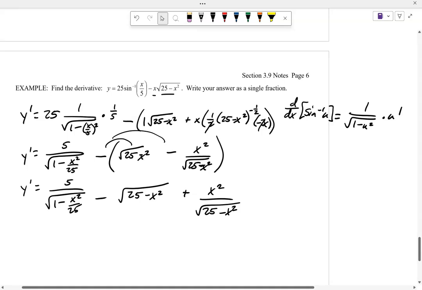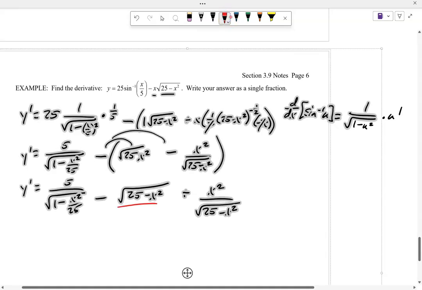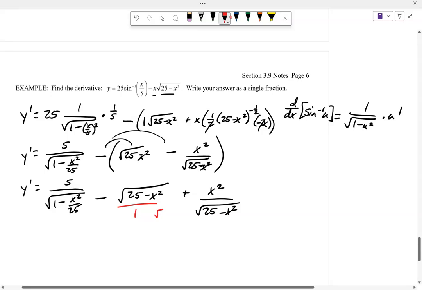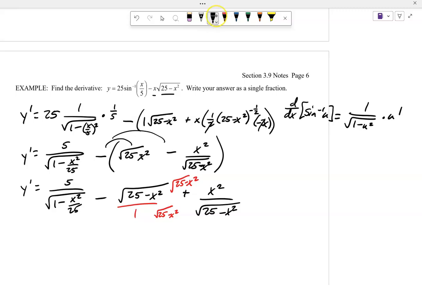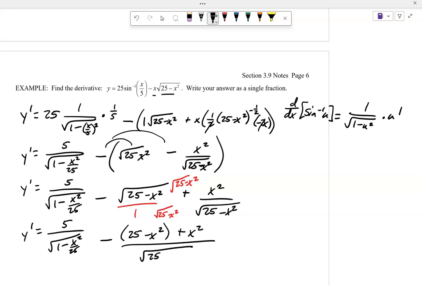I'm going to get a common denominator here. That's over 1. So I'm going to give this a square root of 25 minus x squared times the square root of 25 minus x squared. That'll undo that radical there. So this will become 25 minus x squared, and then plus x squared. This is all over that common denominator, the square root of 25 minus x squared.